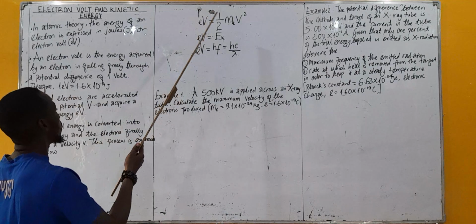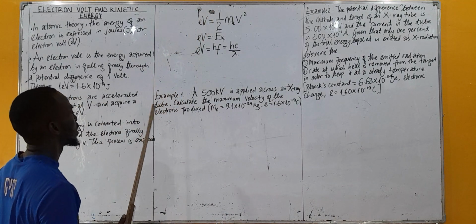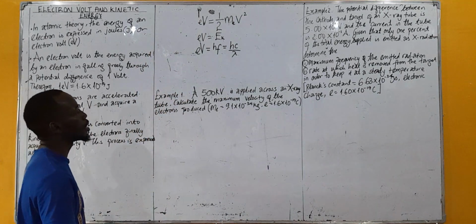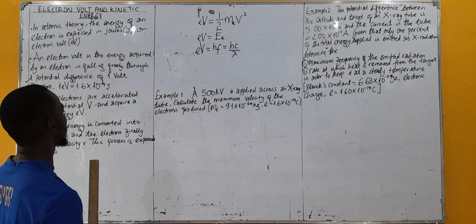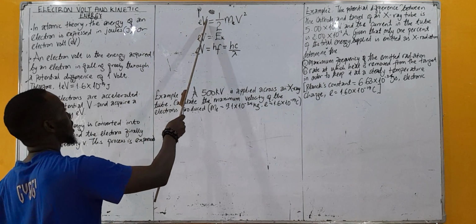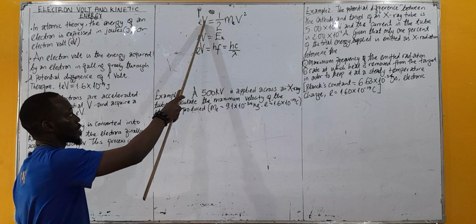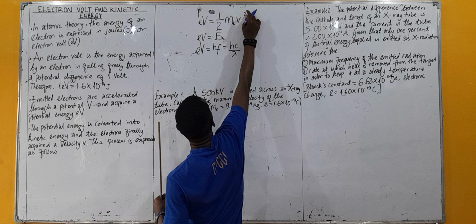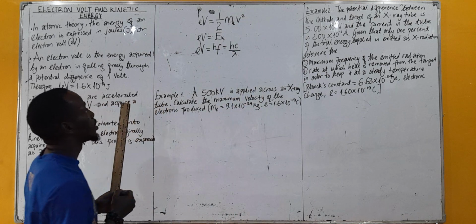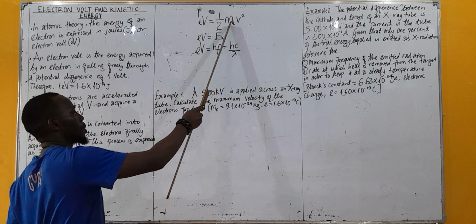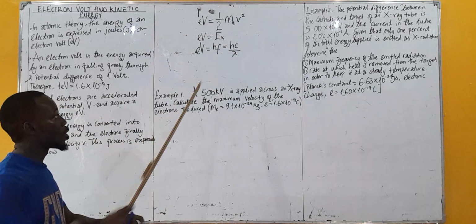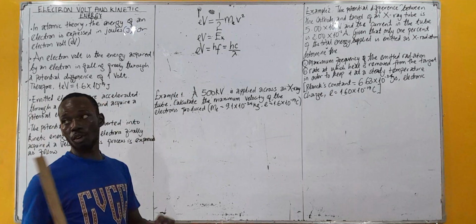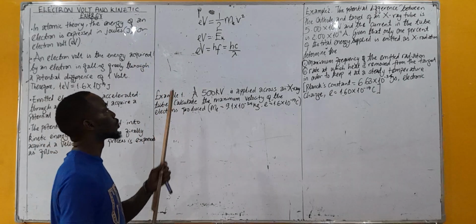Alright, so e is the charge of the electron and it's a constant, which is 1.6 times 10 to the power of minus 19. This is the accelerating voltage or the potential difference, the big V. Let me put this one as small v, so I will not be confused. m_e is the mass of an electron, and it's also a constant, which is 9.1 times 10 to the power of minus 31 kilogram.